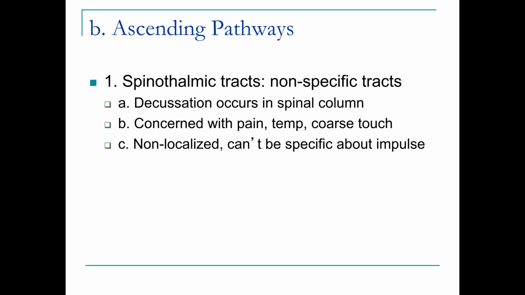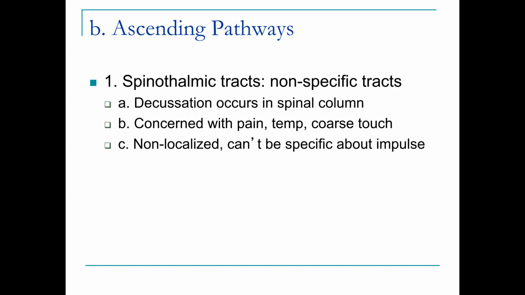So if we get information from the left half of the body and it goes into the spinal cord, into the central nervous system, how is it going to get to the opposite side? Well, it's going to have to cross over at some point. And rather than say cross over, they have this word called decussation.